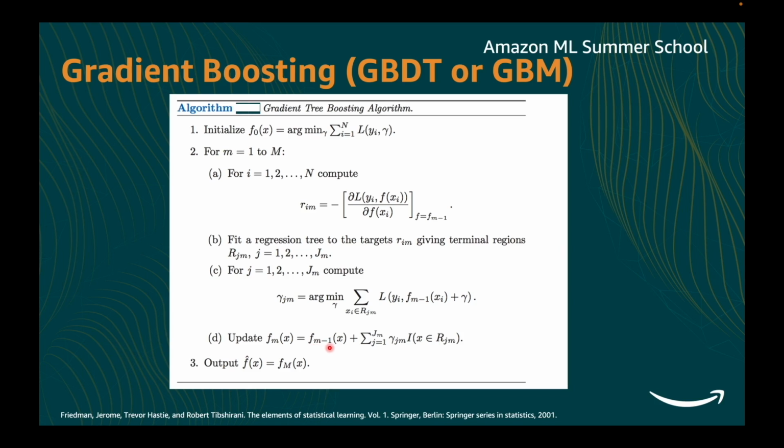And you iteratively do this, so you create f0 of x plus f1 of x plus f2 of x, so on and so forth, up to fM of x. So you'll create this sum of M models to be your final model, right? And then you use that as your regression output.